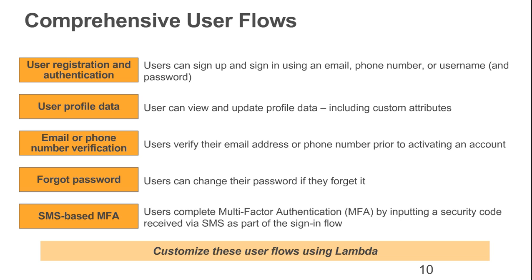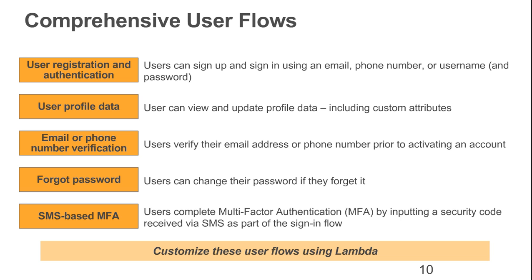And the last, as I mentioned before, is multi-factor authentication, SMS-based, which means that we have built-in functionality to send a code to a user's phone as another layer of security when they are signing in. So it's not just their username and password, but they also provide a code to make sure it really is that user who's signing into that account. And as indicated at the bottom of this slide, there's also the ability to customize these with Lambda flows that I'll describe in the next slide.